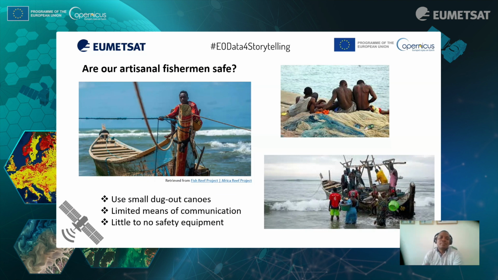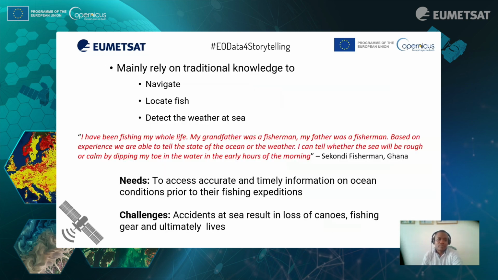I'm going to be talking about artisanal fishermen, and artisanal fishermen in Africa, as depicted by the pictures you're seeing here, are usually going out to sea in small dugout canoes, like you can see from the first plate on the left, and they have limited means of communication, as well as little to no safety equipment at all. We have about 10,000 artisanal fishermen in Ghana alone, and about 120,000 along the coast of West Africa.